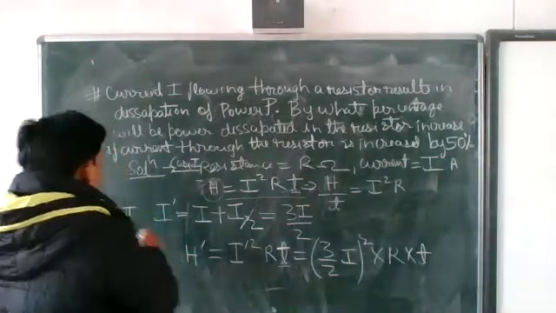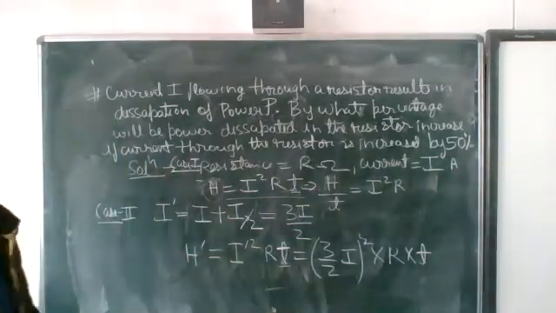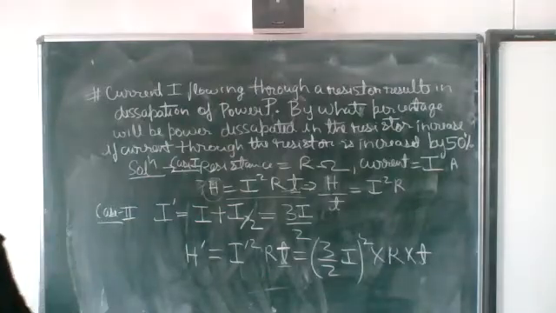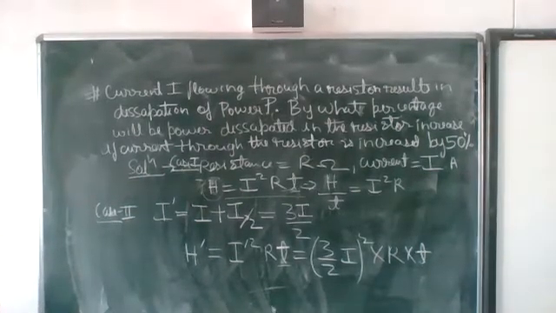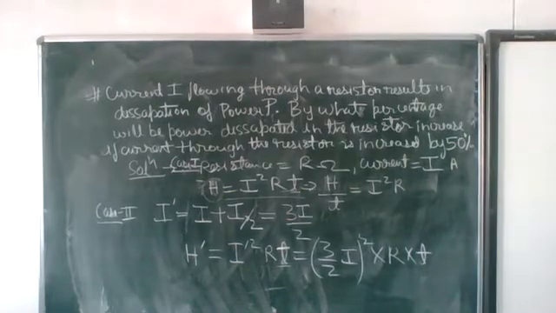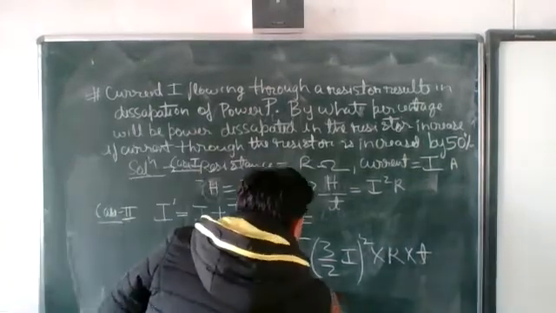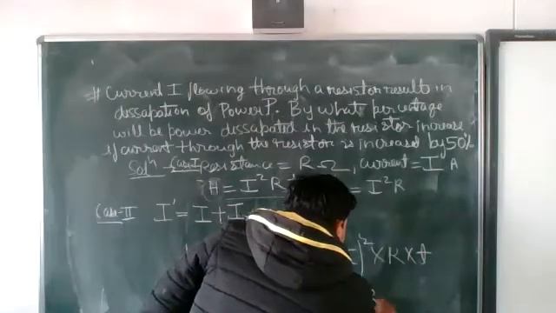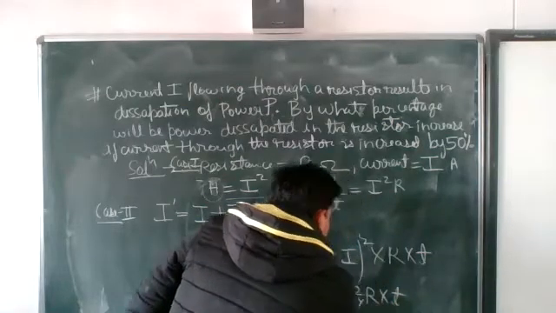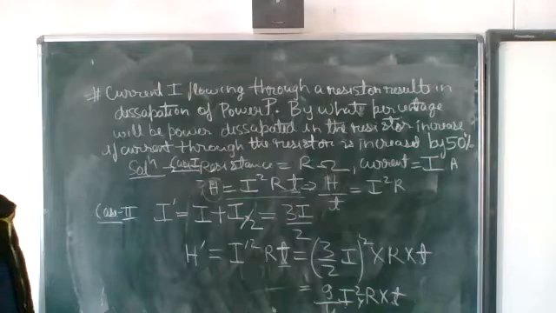This is case 2, this is case 1. How much is the increment in the dissipation of energy? This value comes out to be 9/4 into I square R into T. Am I right?